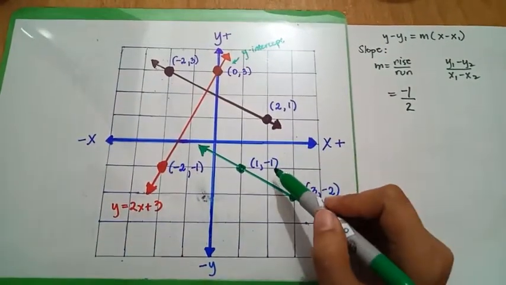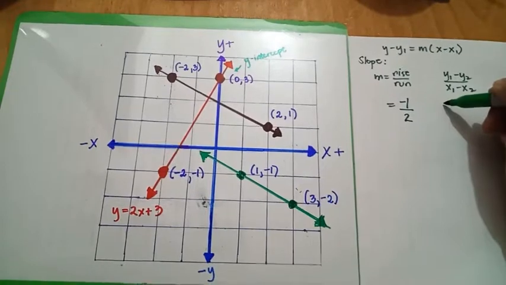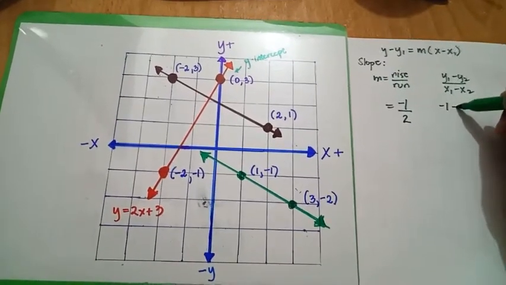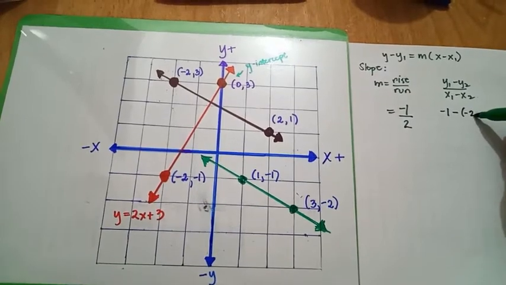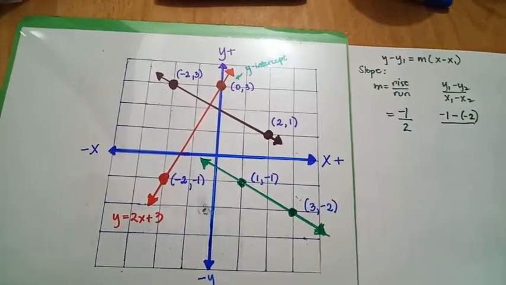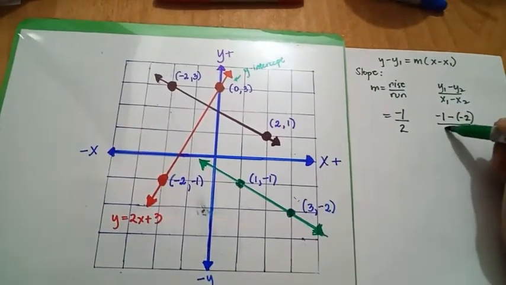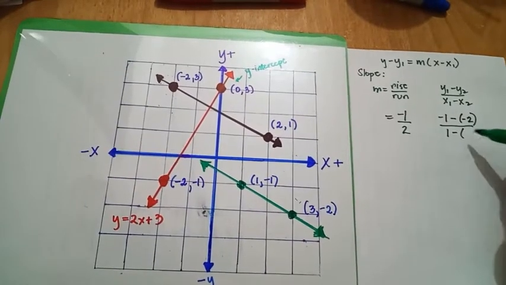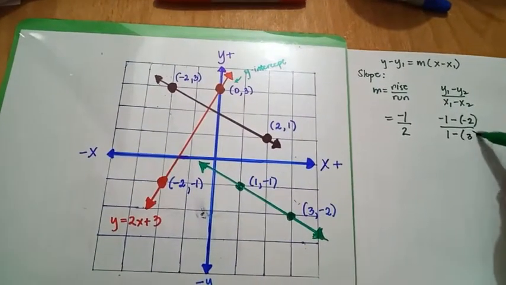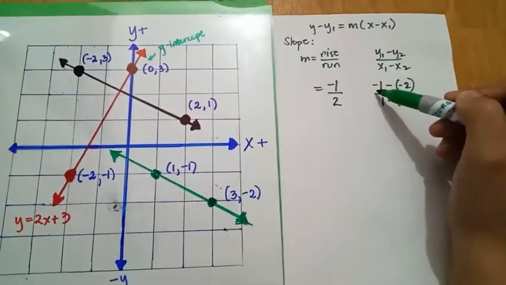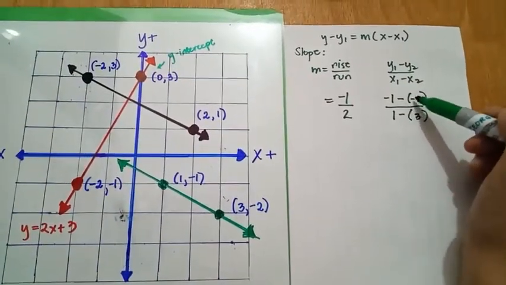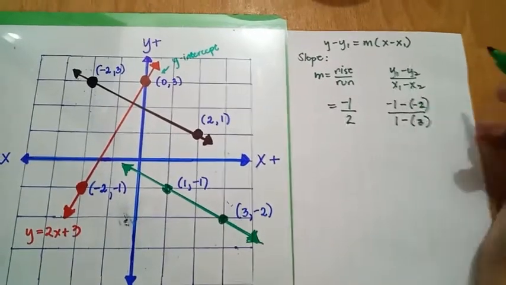Since ang ating formula is y sub 1, substitute natin, we have -1 minus ang y sub 2, which is -2 over x sub 1, which is 1, minus x sub 2, which is 3. Okay? So, again, we have here -1 plus 2. Again, KSO tayo, no?